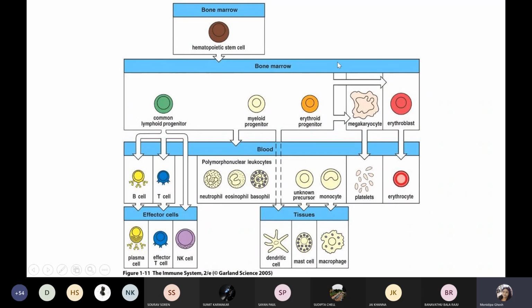And in vitro, means in the laboratory, if you know the cytokine cocktail, the growth factors, so these are the cytokines.